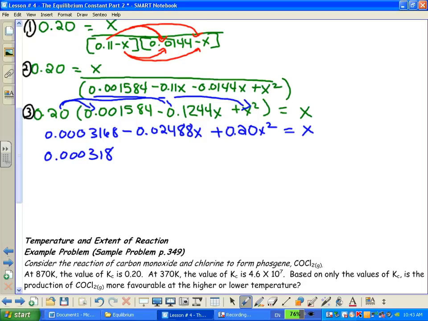If it's positive x on the right, we bring it over to the left-hand side, it becomes negative. So we have negative 0.02488x plus negative 1, so you end up with negative 1.0248x plus 0.20x squared, is equal to 0.